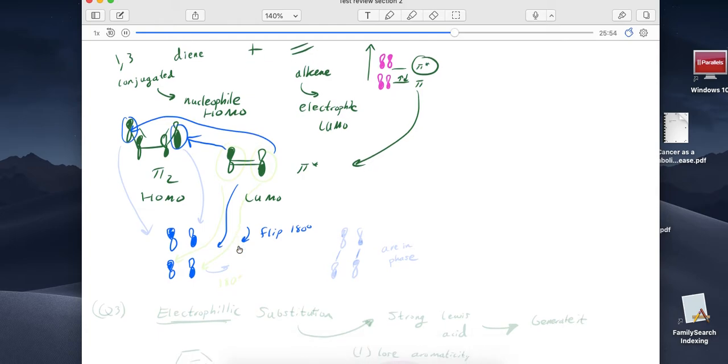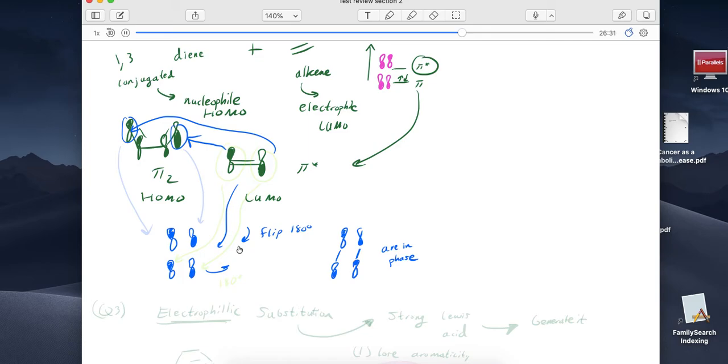So we've got those 2, and then we flip that. There we see that it's in phase and in phase. So because of that, it is able to occur via the concerted mechanism that we see, simply because the two orbitals are in phase.